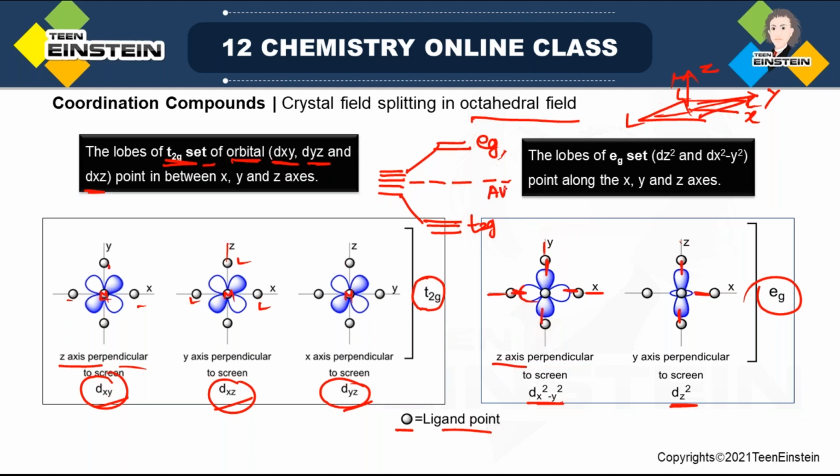This is the average. So that is why now there is splitting. Now you cannot say that all the d orbitals are degenerate. There are two categories of d orbitals. So in this slide, is there any doubt? Should I repeat any part?